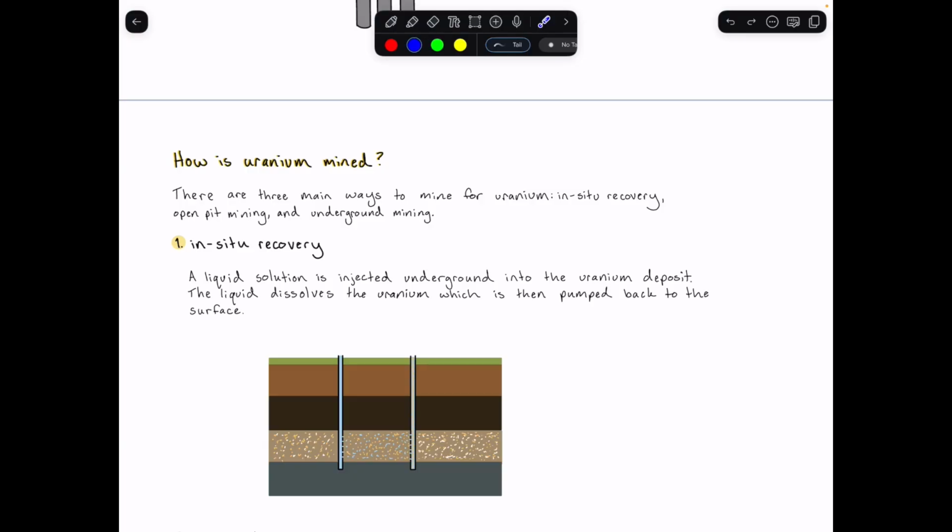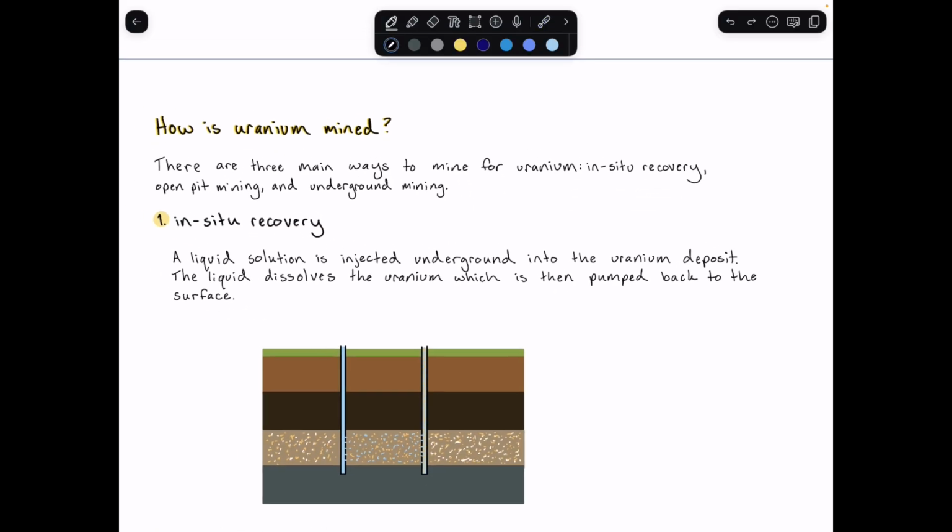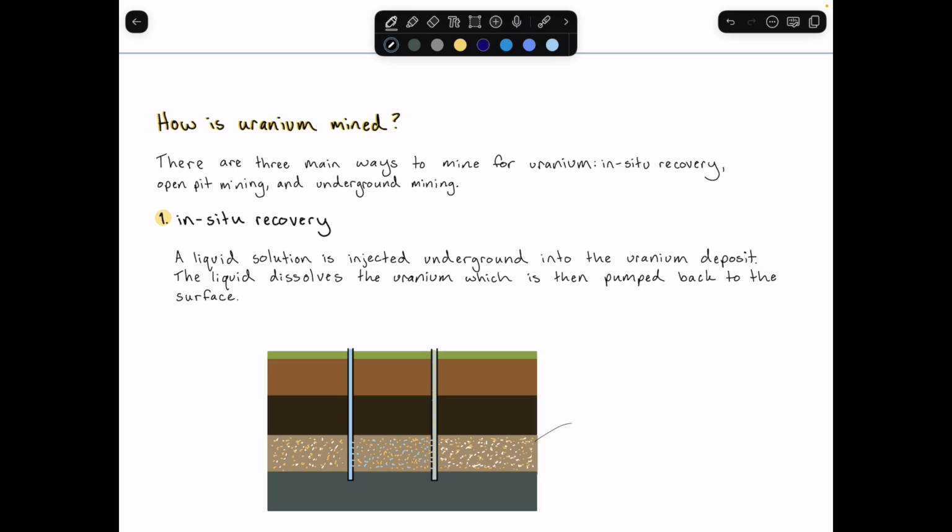So in situ recovery is a method of extracting uranium without digging a traditional mine like you saw in the coal lecture. In this method, 2 wells are drilled into an underground rock formation that contains uranium. Here you can see these 2 wells, and these little yellow dots here are uranium.